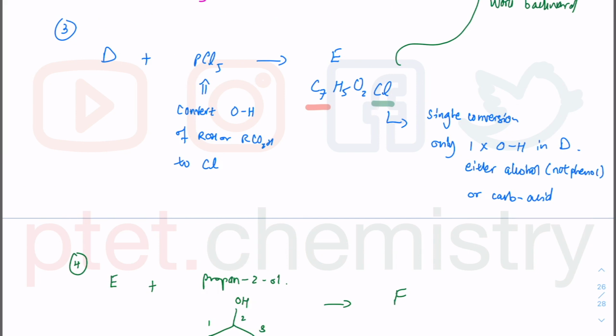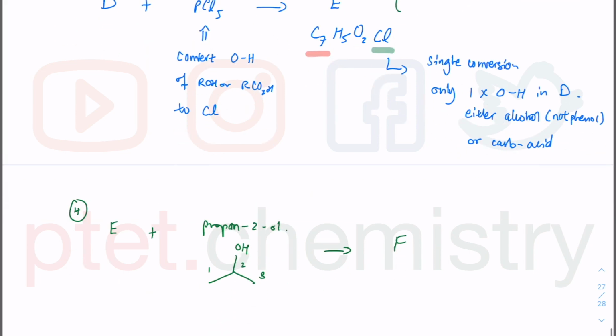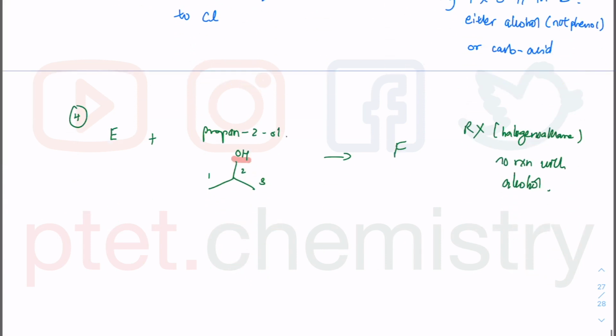Halogenoalkane does not react with alcohol. RX, halogenoalkane, no reaction with alcohol. So the fact that this thing reacts with alcohol, most likely we are looking at a condensation reaction.